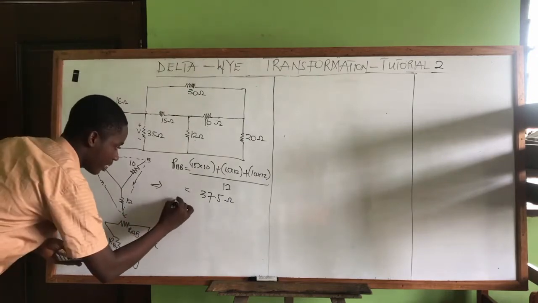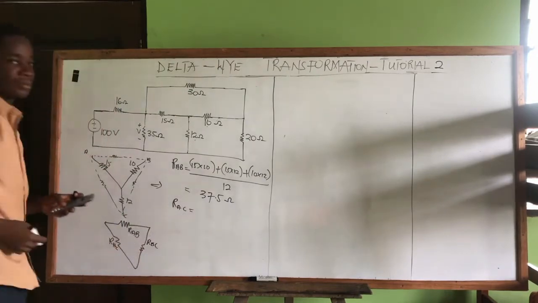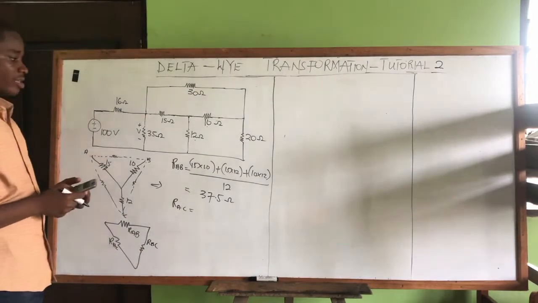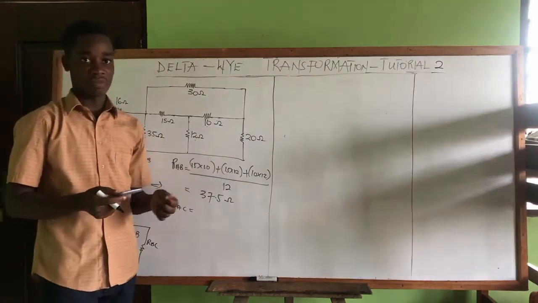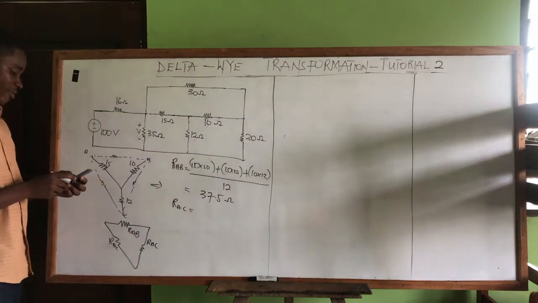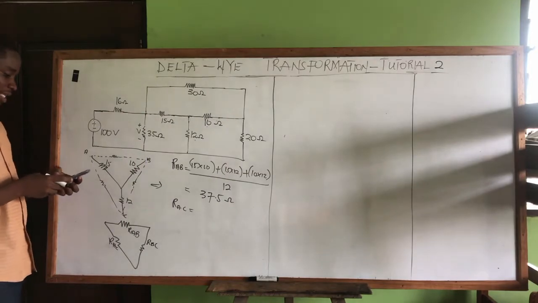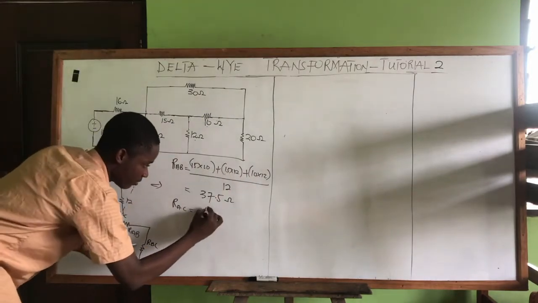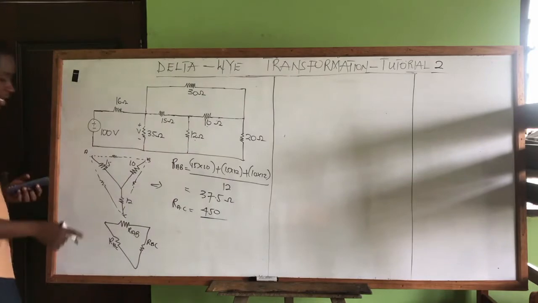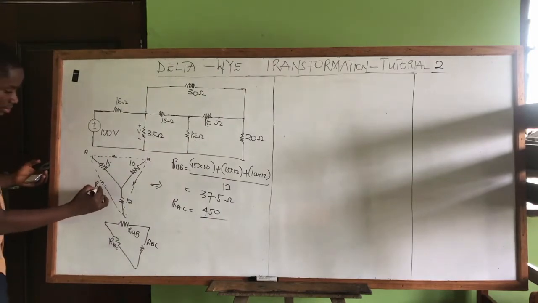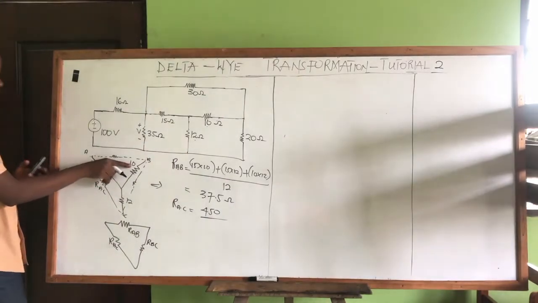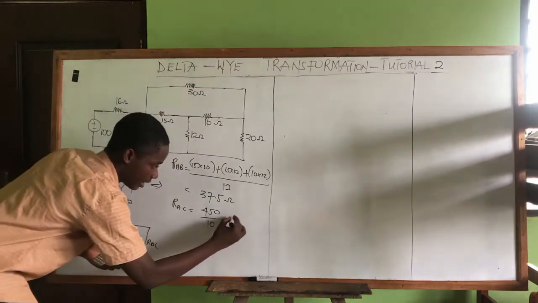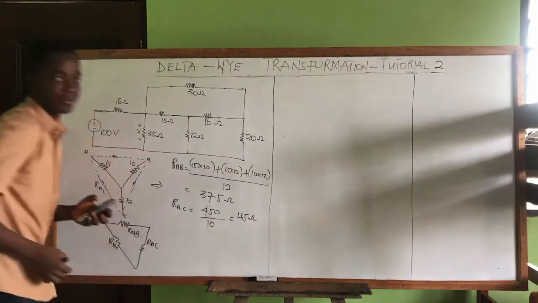We move on to RAC. As you already know, the numerator would be the same. The numerator gives us 450. So 450 divided by, for RAC, 10, and this one gives us 45 ohms.